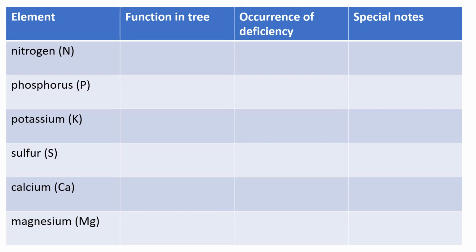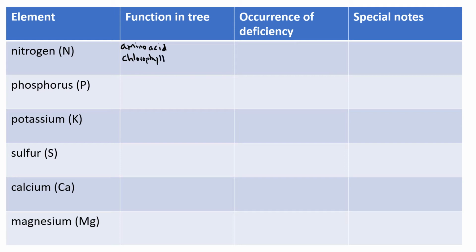But for nitrogen, the importance of nitrogen in the tree is that every amino acid contains a nitrogen atom in it. So in other words, nitrogen is abundant in not only amino acids, but therefore also proteins and enzymes and so on. So nitrogen is critical for that. Nitrogen is also important for chlorophyll synthesis.